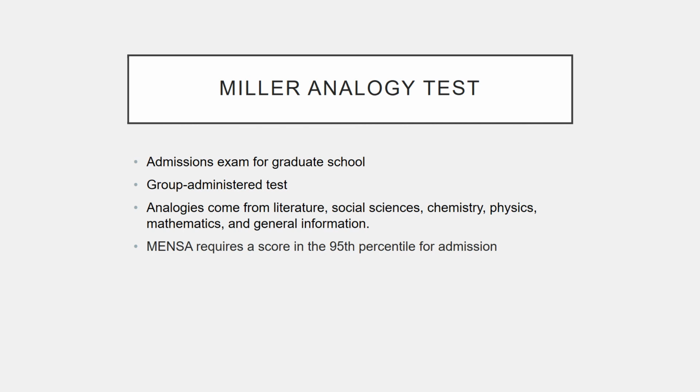In addition to this test, in terms of graduate school entrance exams, we do of course have the MCAT, Medical College Admissions Test for medical school, the LSAT, which is the Law School Admissions Test, obviously for law school, and the GMAT, Graduate Management Admissions Test, which is used for a lot of MBA or business-related graduate programs.